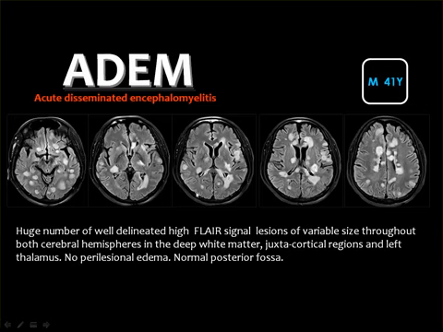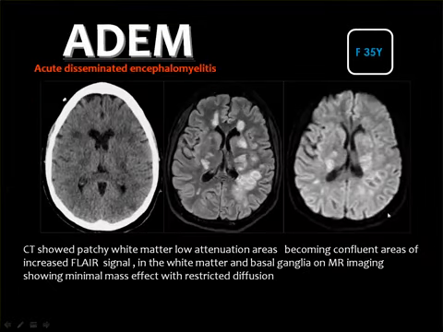This is an appearance, got many lesions, and characteristically these lesions are big and they are of variable size compared to those of MS. Some of the lesions are located in the cortex of the brain, others are located in the white matter. On the CT, you appreciate few lesions compared to MRI.